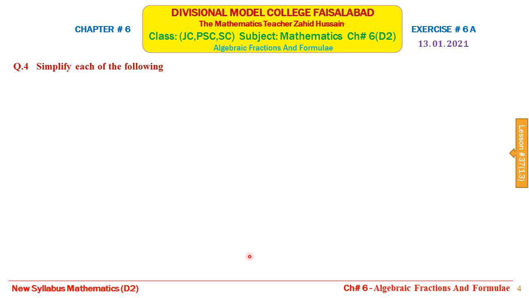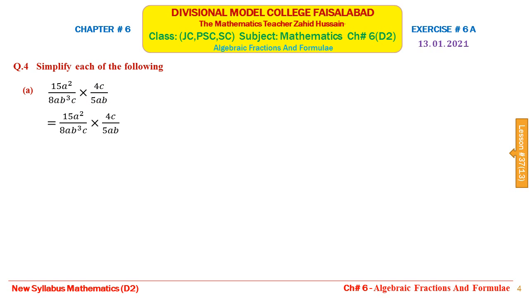Now we will solve question number 4 of exercise 6A, which involves multiplication and division of algebraic fractions. In questions number 1, 2, 3 we simplified the fractions. Now this is question number 4, part A. 15a square over 8ab cube c multiplied by 4c over 5ab.